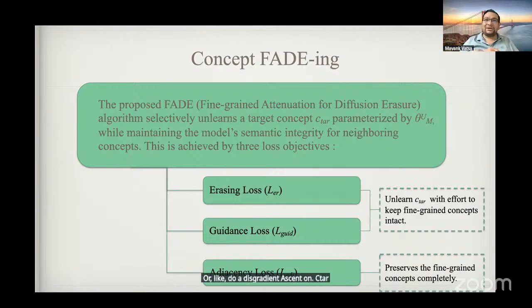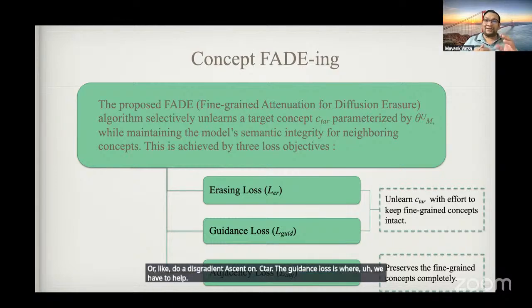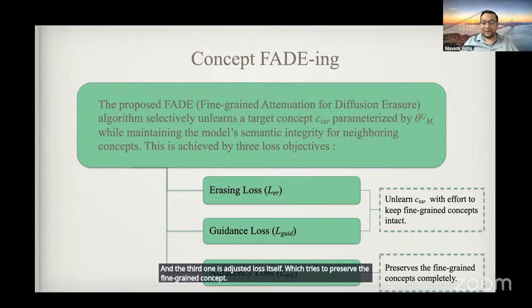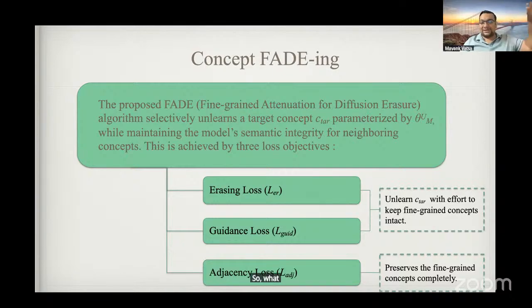The guidance loss is where we help the model understand the distinction between CTAR and the adjacency of CTAR, the adjacency of the concept that we want to forget. And the third one is the adjacency loss itself, which tries to preserve the fine-grained concepts. So what the erasing loss does is try to remove the concept from the model space.